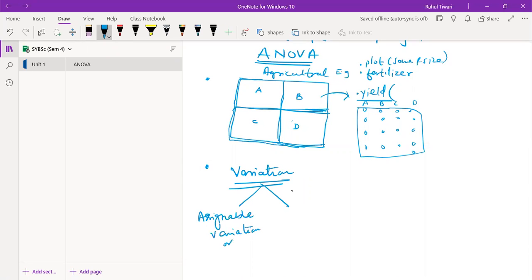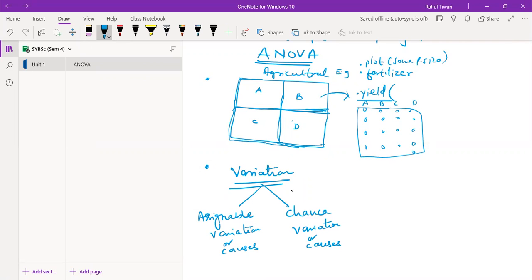And the other is chance causes, or chance variation. So your total variance is split into two parts: assignable variation or assignable causes, and chance causes or chance variation.